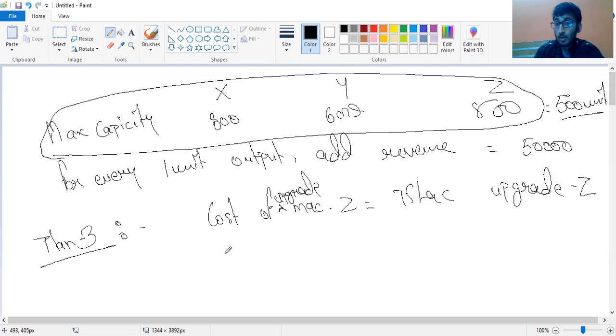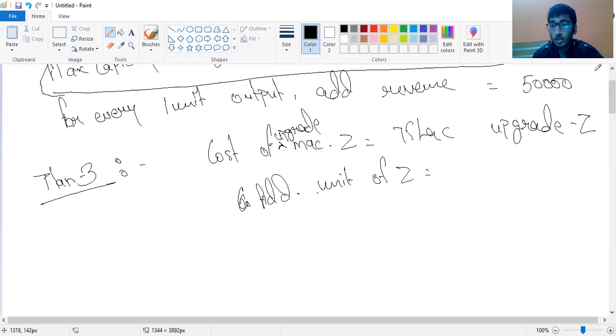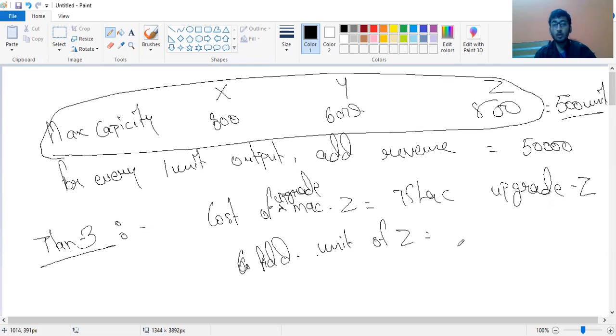Okay, now you will spend 75 lakh, but the additional units of Z you would be able to manufacture, how many additional units of Z would that be?